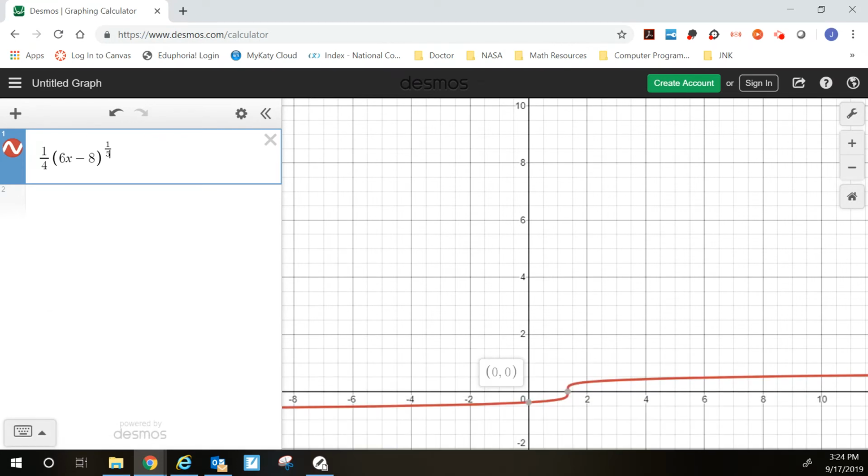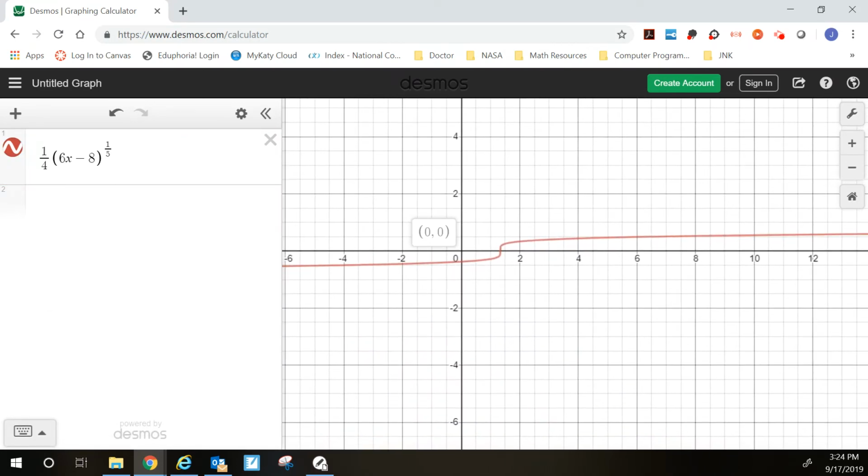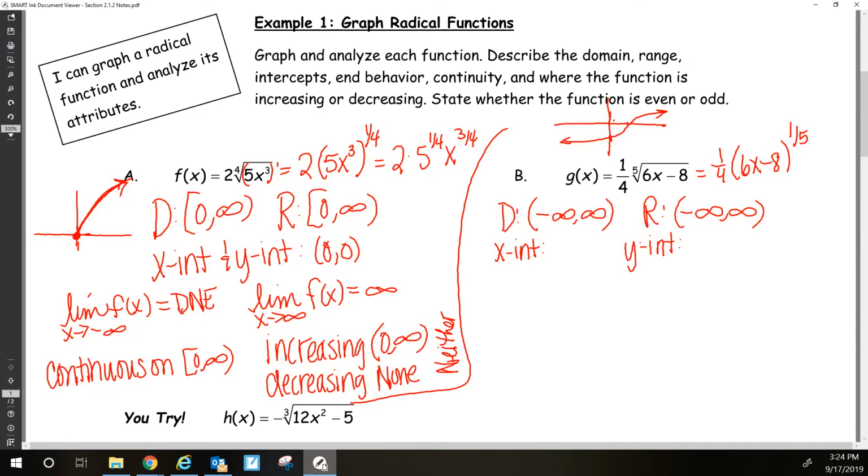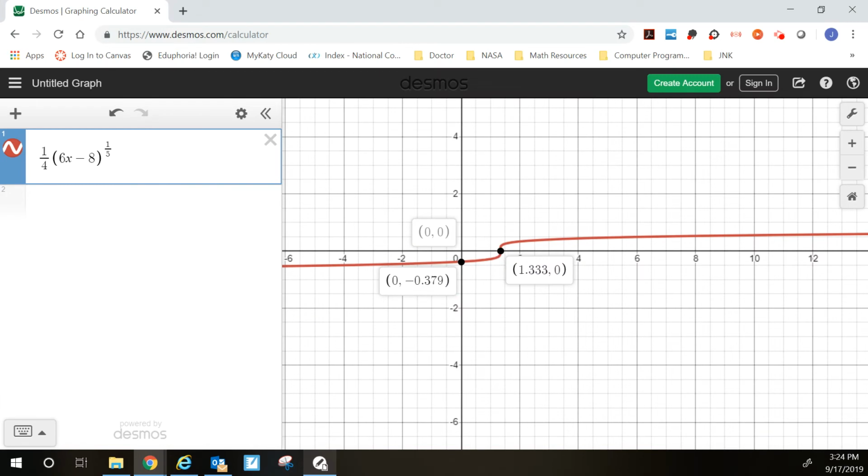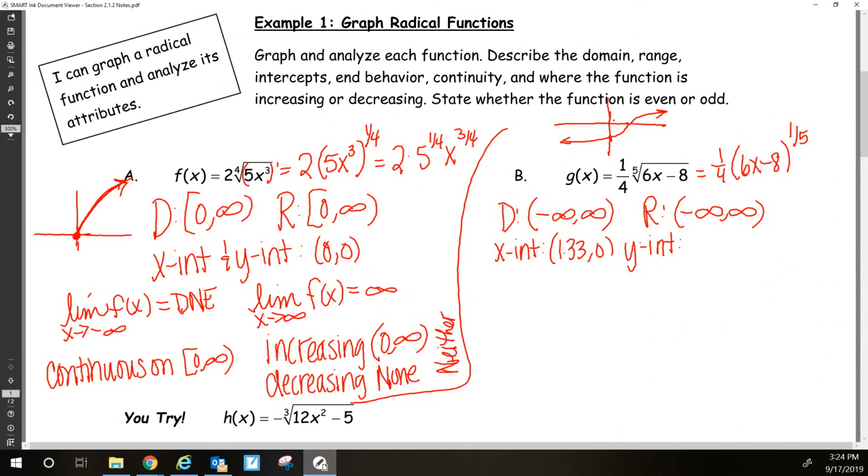All right, and notice this guy got shifted a little bit, right? We can find that x-intercept. It's not too hard algebraically. Look at that y-intercept there, negative 0.379. That's hard to find algebraically. You could, but if this were to be on your test, it would probably be on a calculator portion. So the other one is negative 0.379.